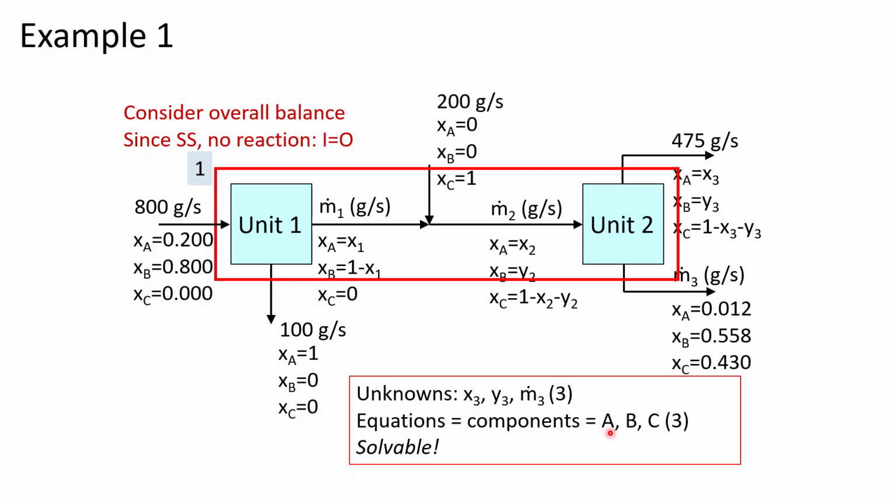There are 3 components in the streams that cross the boundaries of this control volume. A, B, and C are present, so there are 3 equations that we can write. There are actually 4. We can write a mass balance for each of the components, but we can also write an overall mass balance. But we know that only 3 of those 4 mass balances are independent. Therefore, since the number of unknowns is equal to the number of independent equations, the problem is solvable.